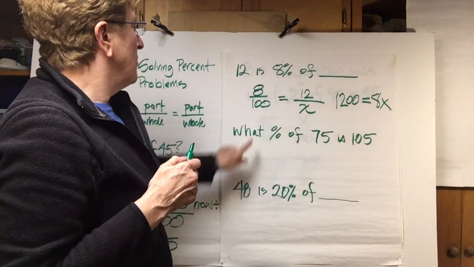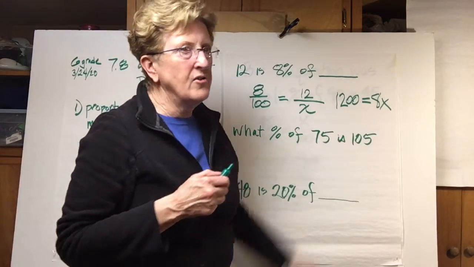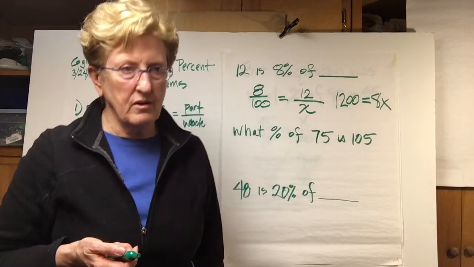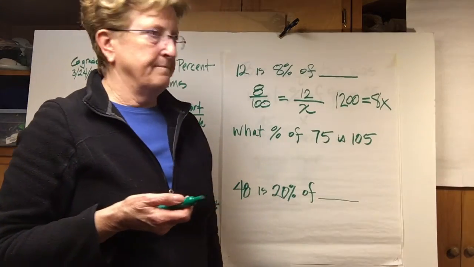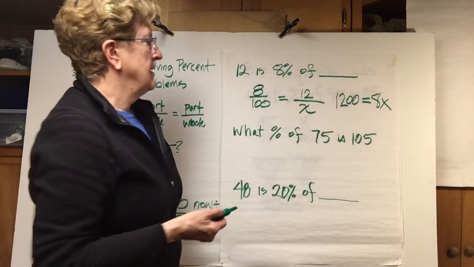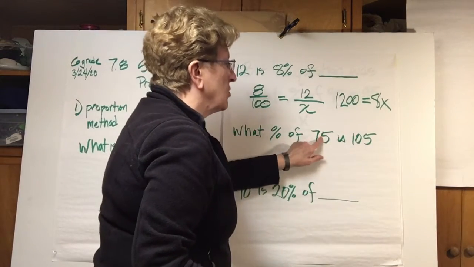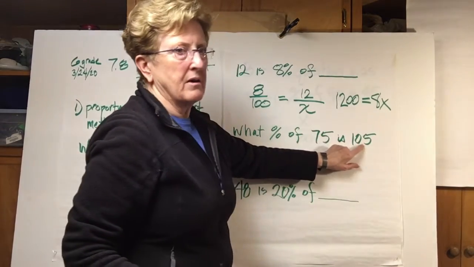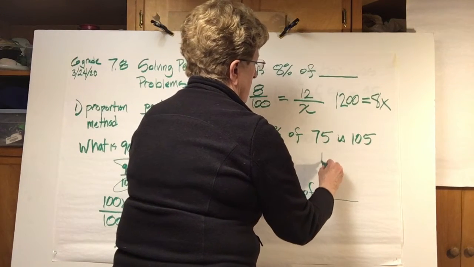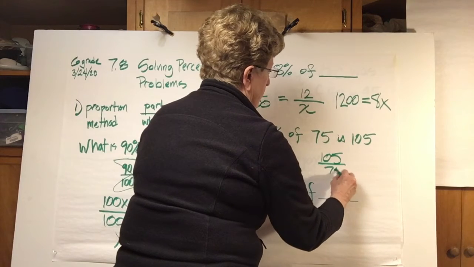All right? What percent of 75 is 105? Wow. 105 is more than 75. So I wonder if it'll be more than 100%. But both of these are actual numbers, and this is a whole, and this is a part. Very tricky. So I'm going to put the part on top and the whole on the bottom.